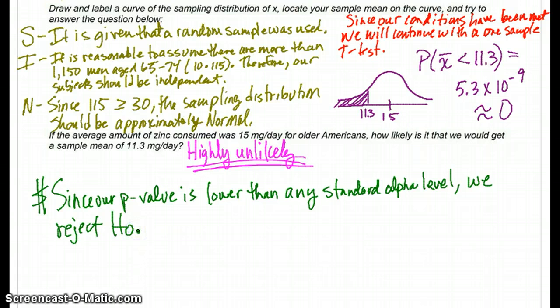Standard alpha level. That would be 0.1 or 0.05 or 0.01. Well, 0 is less than any of those. So we would reject H sub O at any of these standard alpha levels or levels of significance.